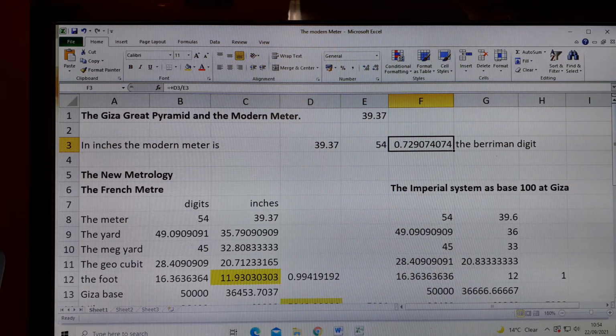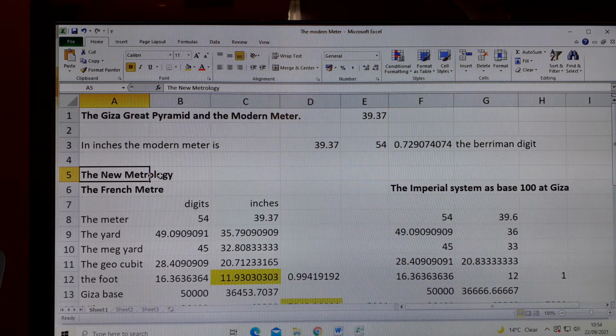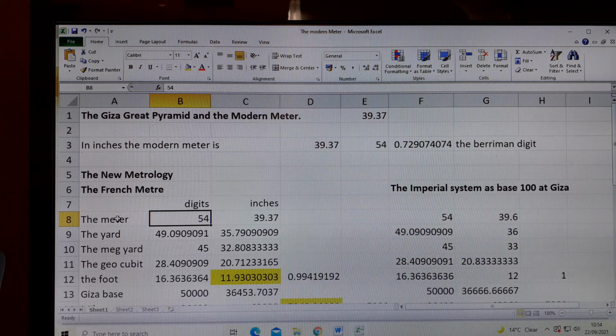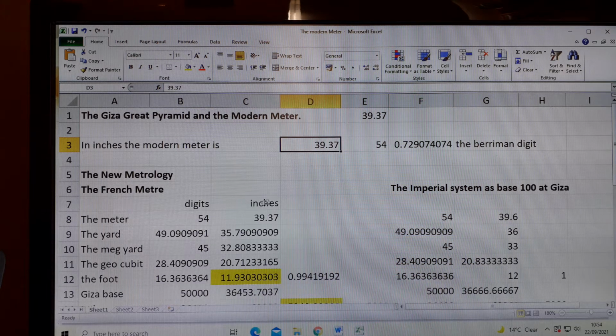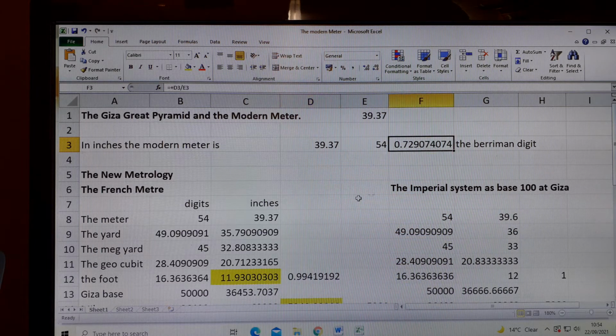So we know from the new metrology that the metre is 54 digits per Berriman. And we know that the Berriman digit coming from the modern French metre is that.